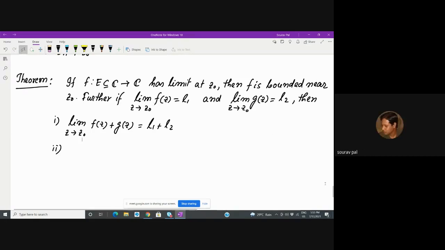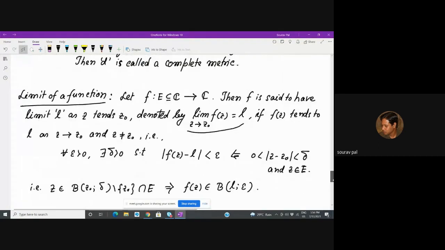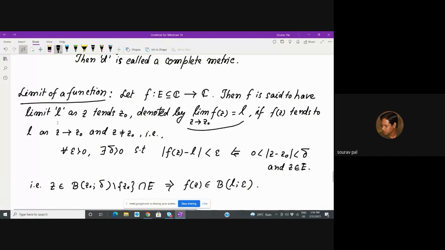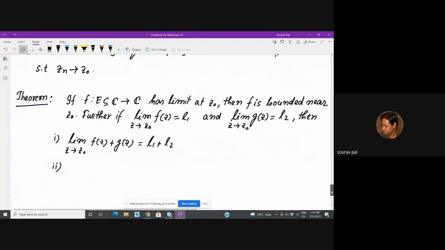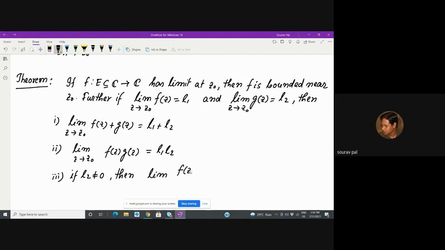Whenever I say limit here, this L is finite, it belongs to C. I'm talking about finite limits only. Their pointwise product will give you back the product of limits. And number 3, if this L2 is non-zero, then you have the limit of f(z) by g(z) as L1 by L2.